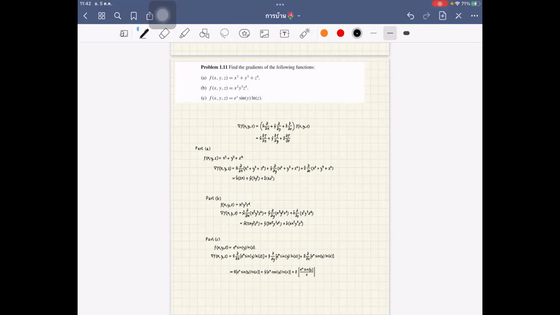And next, for part C, we try to operate on this function.